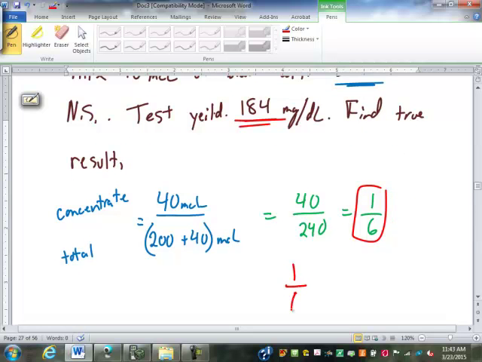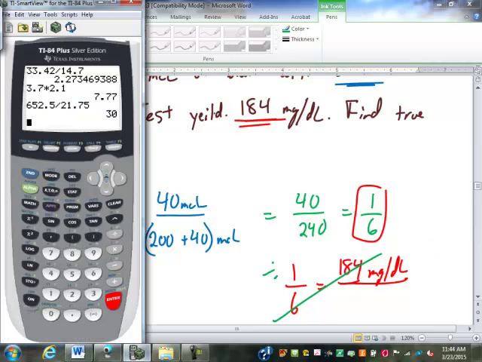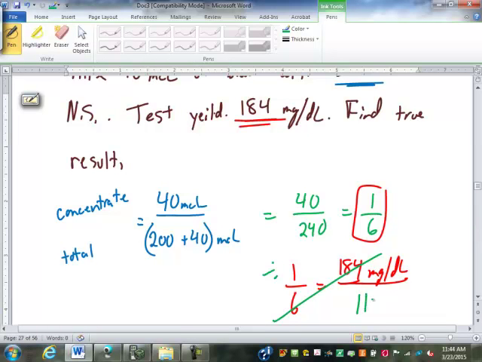So the 184 is going to be compared with the 1, and the true result is going to be compared with the 6. So you would cross multiply and divide. 6 times 184 divided by 1 is going to give us 1,104 milligrams per deciliter.